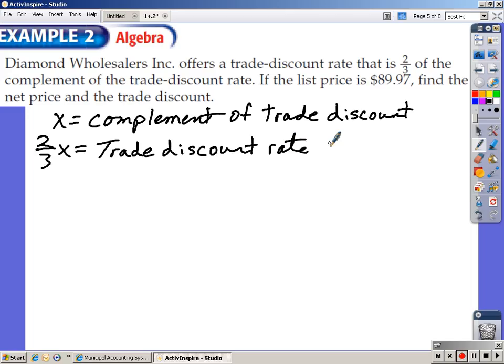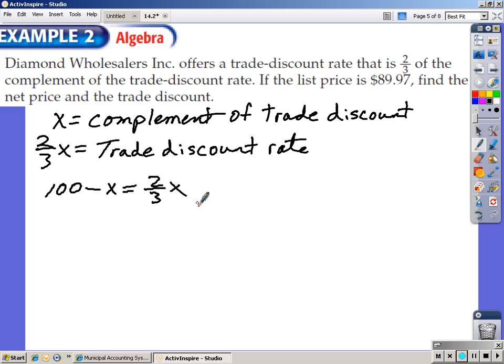Okay? Now, if 100 minus my complement equals my trade discount, let's set that up. 100 minus X equals my trade discount rate. Okay?